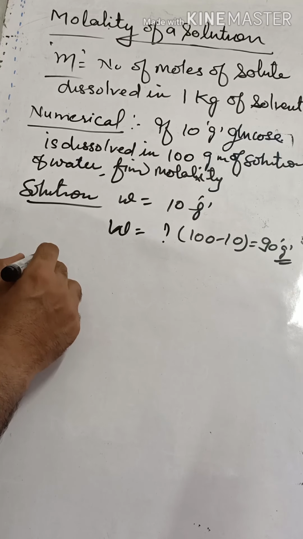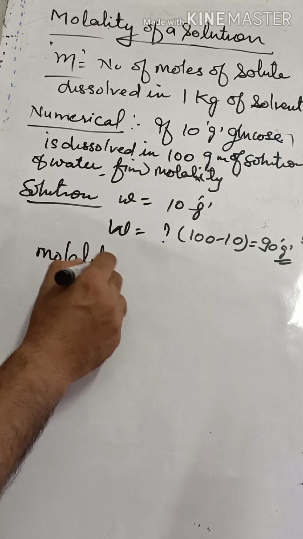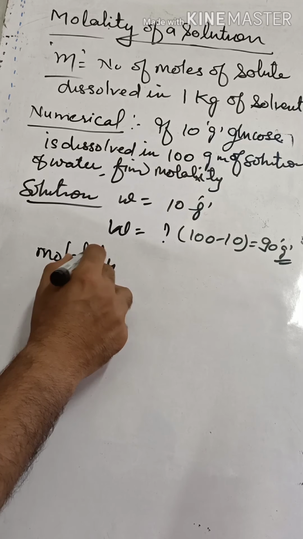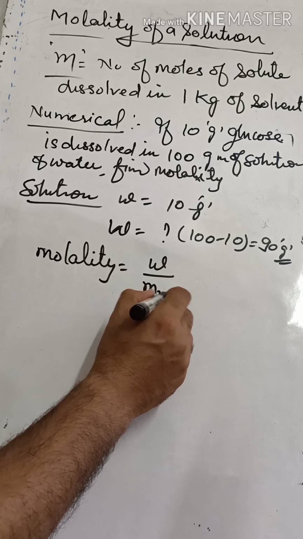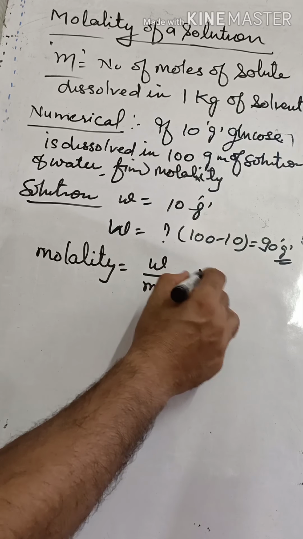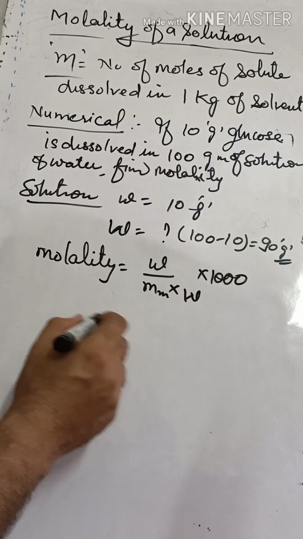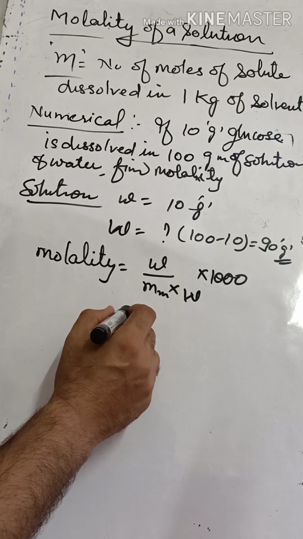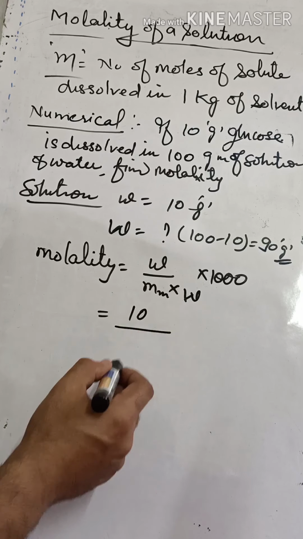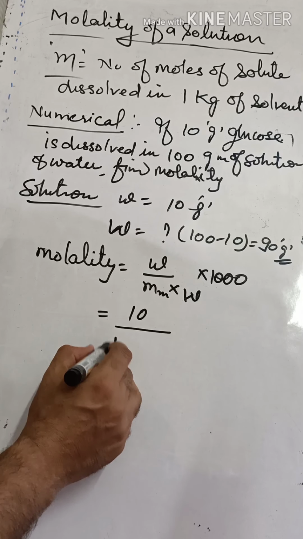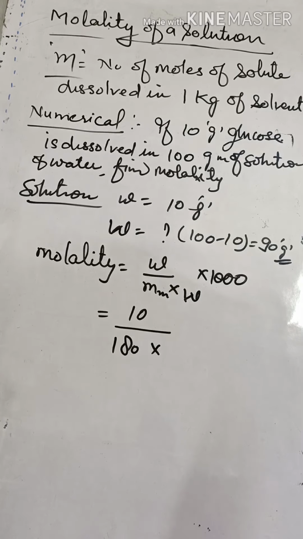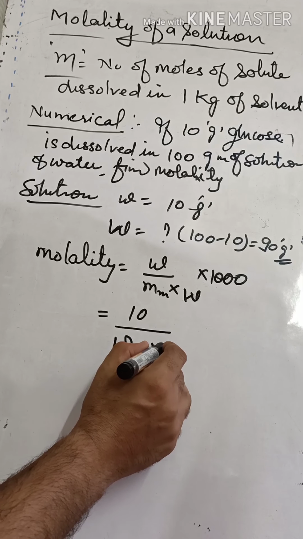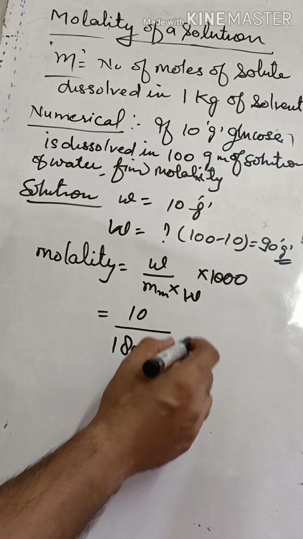So molality is equal to small w upon small m, molar mass, into capital W into 1000. So small w is 10 gram. Molar mass of glucose is 180 gram per mole. W is 90 gram into 1000.